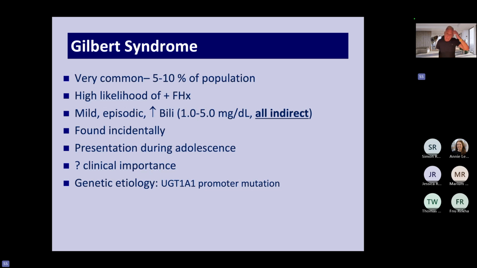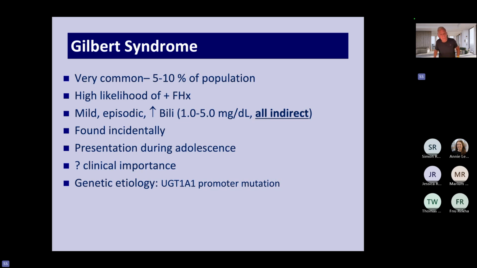So again, I want to go back to Gilbert syndrome. It's very common, 5 to 10% of the population, often with a family history. Gilbert is associated with mild episodic hyperbilirubinemia, all indirect. 1 to 5 milligrams per deciliter is typical, although I've seen it up to 9 milligrams per deciliter. It's generally found incidentally on routine blood work.